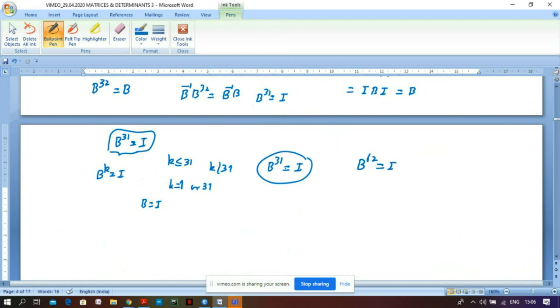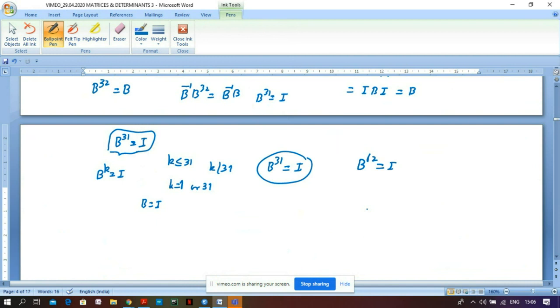So 31 is the least positive integer for which B to the power k equals I. That's a good problem, depending on the properties of squaring and inverse, and other ideas also thrown in.